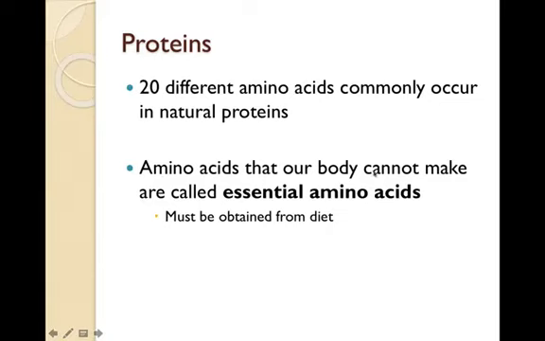We have to get them from the diet because we just don't have the enzymes to create them. Those types of amino acids are referred to as essential amino acids. I'm not going to make you memorize the list of essential amino acids, but just know that there are certain ones that our body cannot make. So if you ever hear the term essential amino acid, know that that is one that must be obtained from the diet.